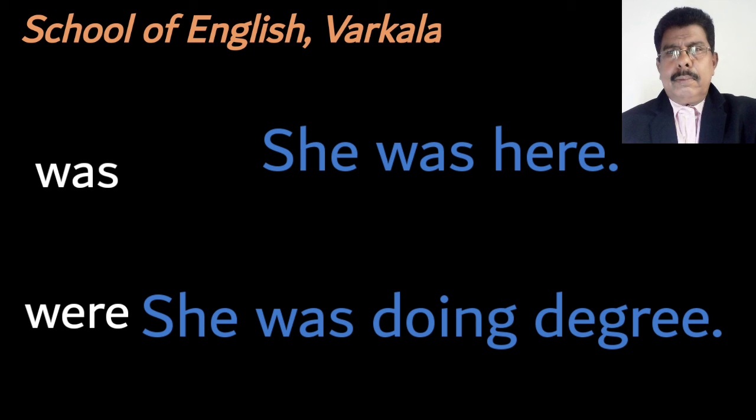Doing can't stand by itself and it can't make continuous tense by itself. It needs the help of an auxiliary verb. Here was is supporting that verb. Was is helping the verb to make its past continuous form. So was is used as an auxiliary verb. In the first sentence, it stands independently, whereas in the second sentence, was is used as an auxiliary verb.